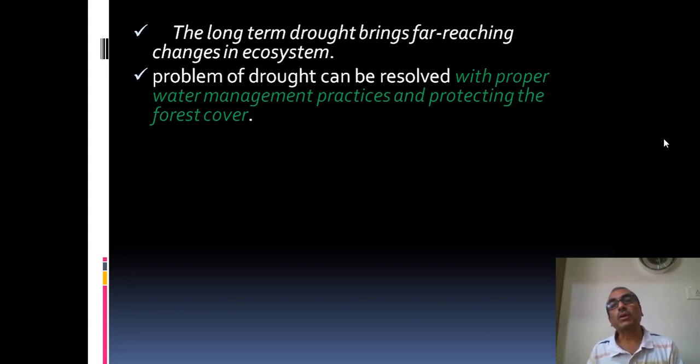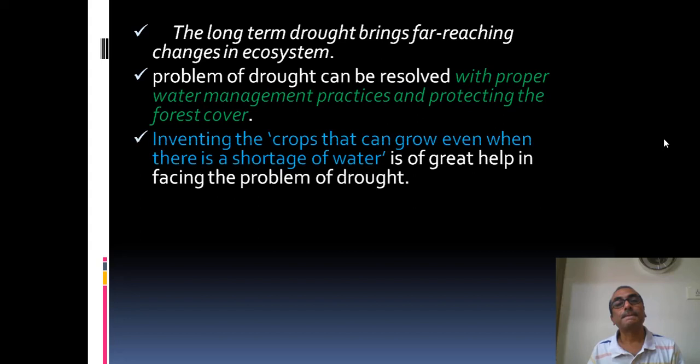Problems of drought can be resolved with proper water management practices and protecting the forest cover. The other way we can fight this problem is developing crops by biotechnology, crops which can grow in hot climatic conditions, with very minimum availability of water.